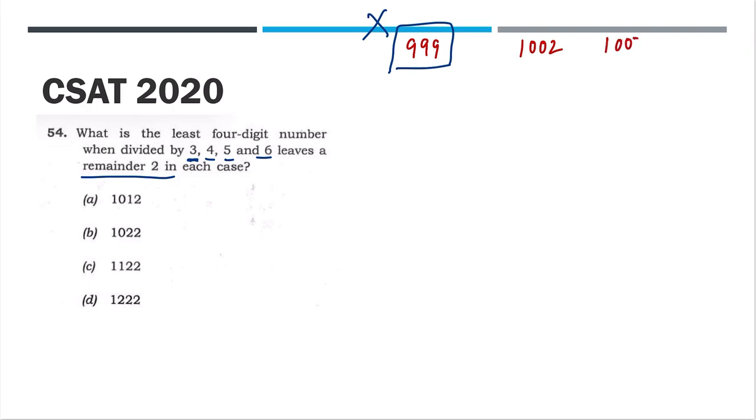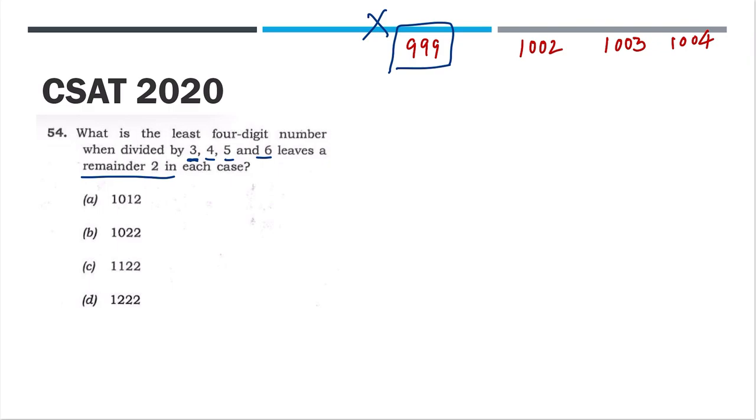Now 1003, 1004 and 1002 are given to you. These are the 4 options. 999 is already gone. 2, 3, 4 are given. Now the option you have to pick, which is the best option even without solving. Which option has the best chances of being the answer?